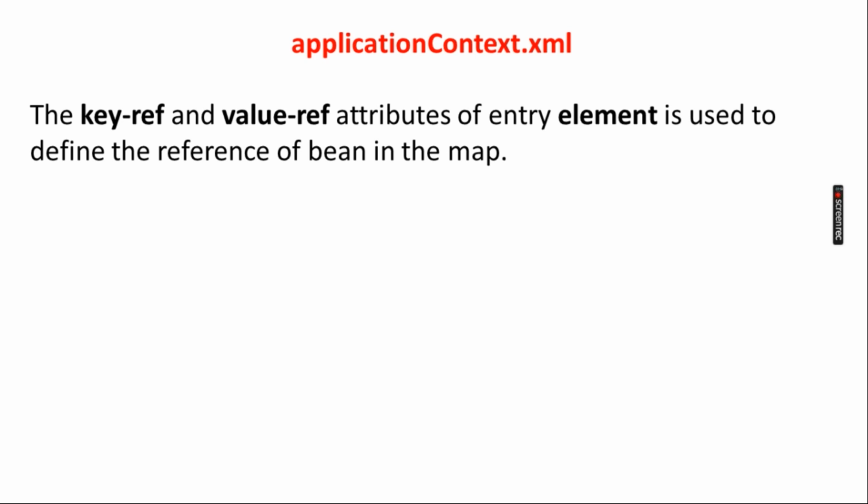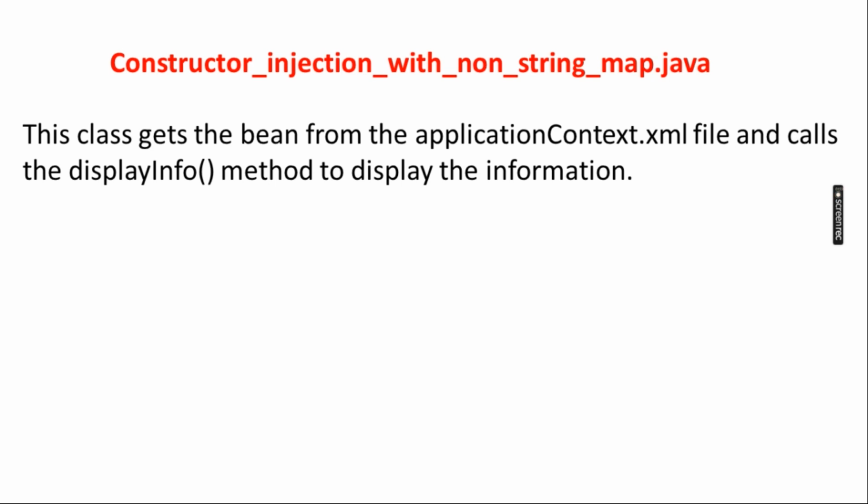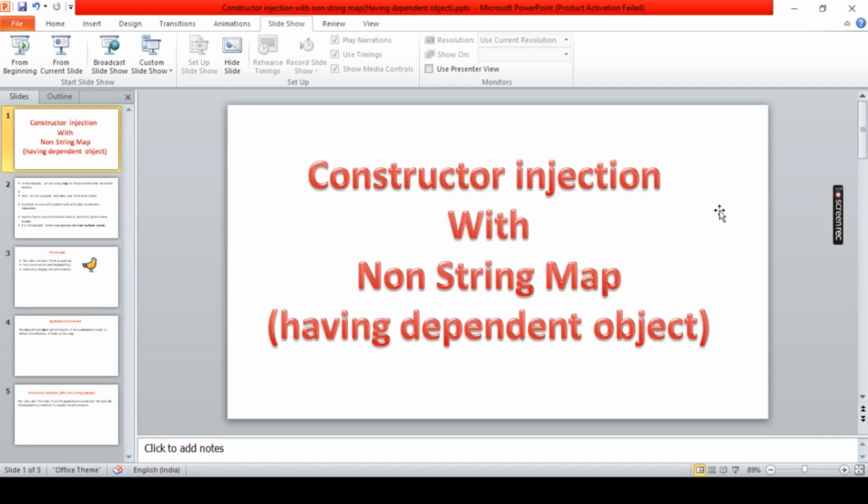And the main class, constructor injection with non-string map, gets the bean from the application context XML by using the particular bean ID and calls the display information method to display the information.